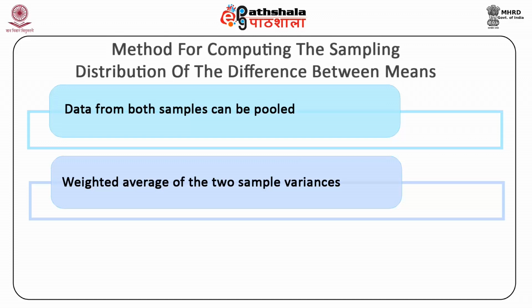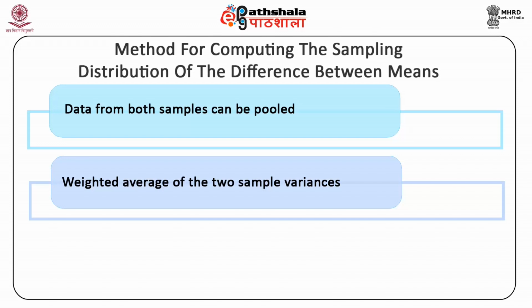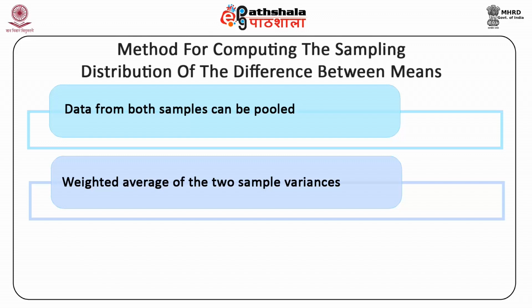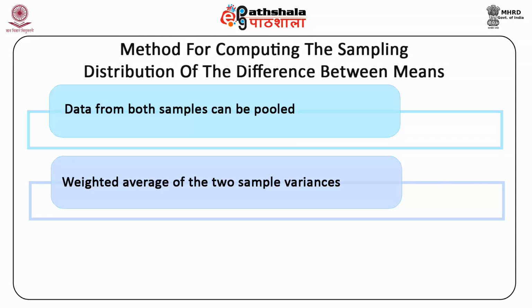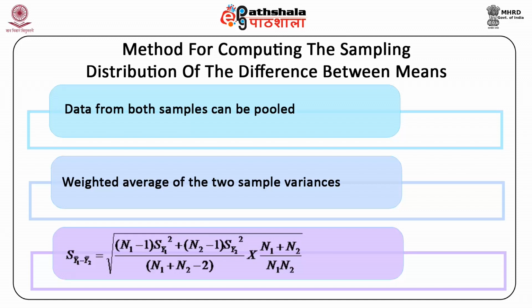Since the two samples have different sizes, we rely on the larger sample and take a weighted mean, which is given as S(y1 bar minus y2 bar) is equal to under root of ((n1 minus 1) into S y1 square plus (n2 minus 1) into S y2 square) upon (n1 plus n2 minus 2), into under root of (n1 plus n2) upon (n1 into n2), where S is the sample standard error.